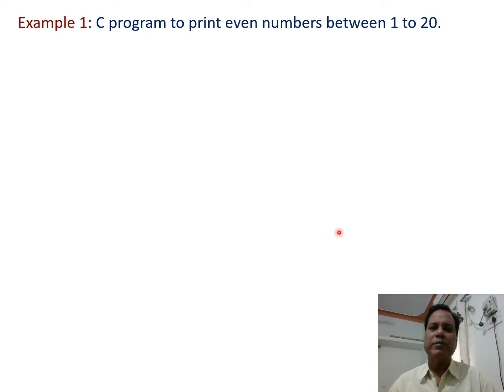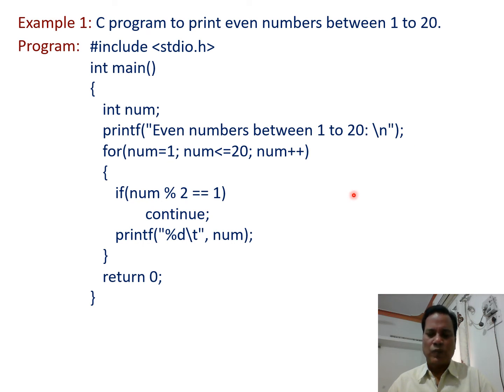Let us discuss some example program to understand the use of continue statement. Here we have to discuss a C program to print even numbers between 1 to 20. So we will try to discuss how this program, when run, prints the even numbers between 1 to 20.